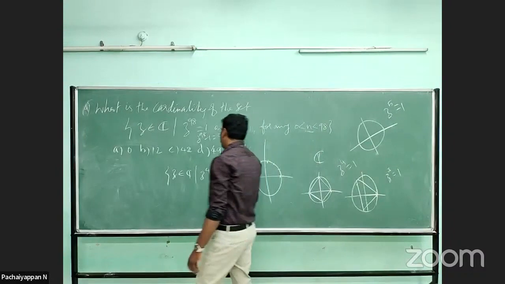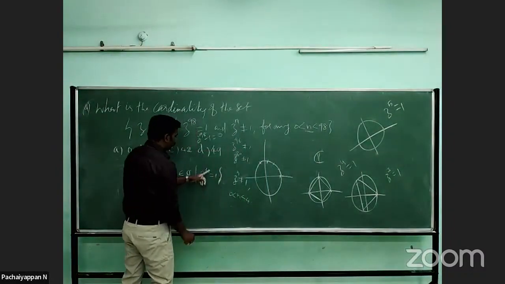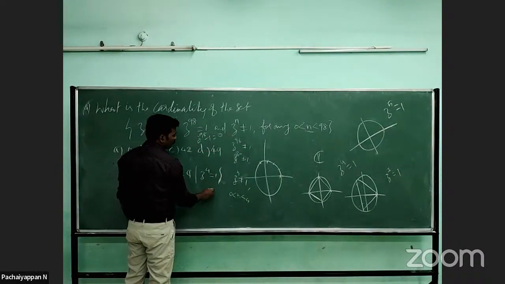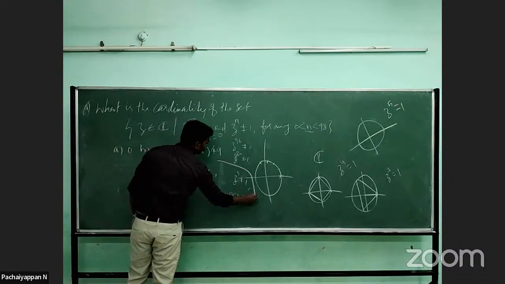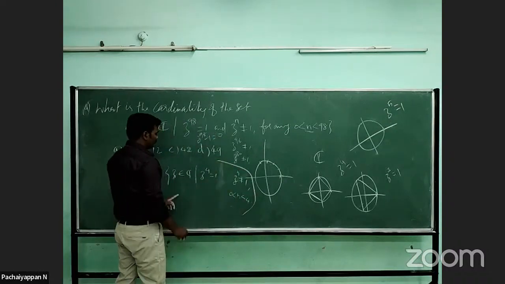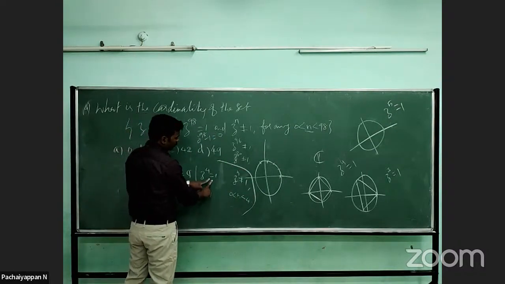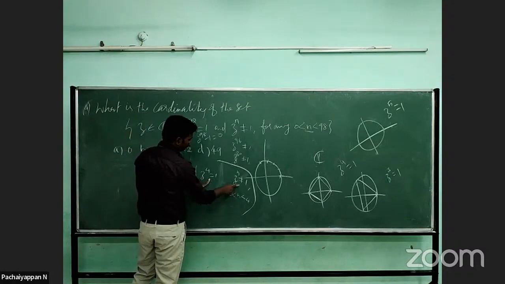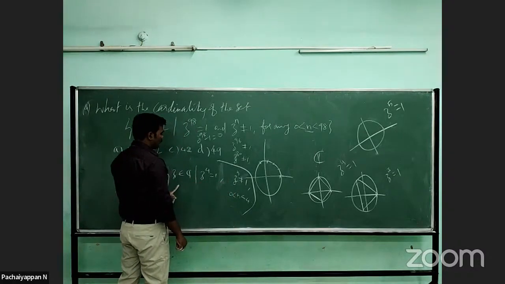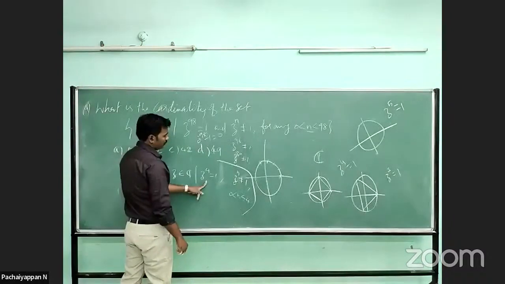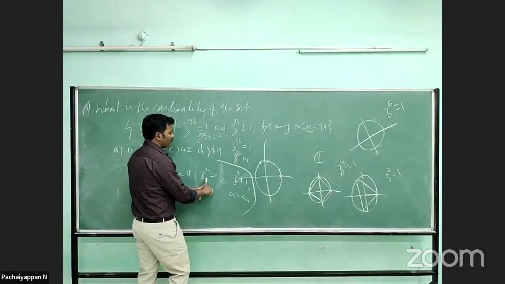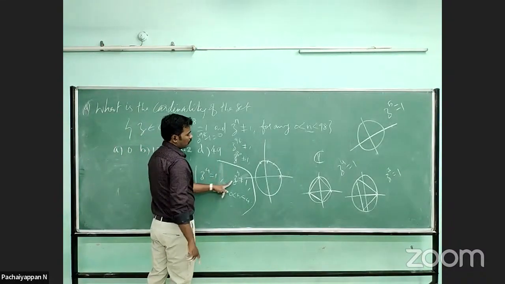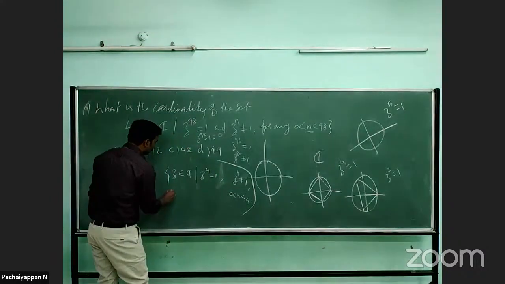Here I have written 4. How many elements are there? We are concluding this. 1 does not satisfy this condition, so 1 is not there. What about i? i satisfies this condition: i to the power 4 equals 1, i squared is minus 1, i cubed is not 1. So i belongs.